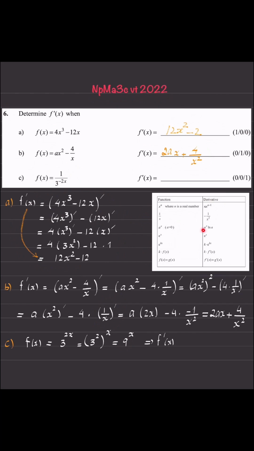It is a to the power x, so the function repeats itself, but I have to multiply by the natural logarithm of the base. So the derivative becomes 9 to the x, multiplied by ln of 9. And that is what I have to provide here: 9 to the x times ln of 9.